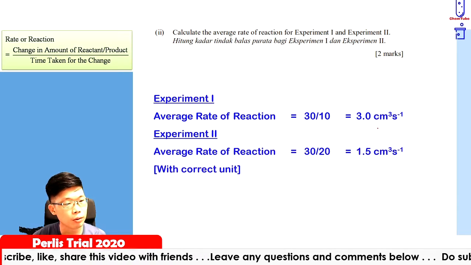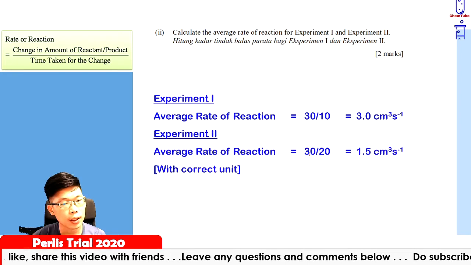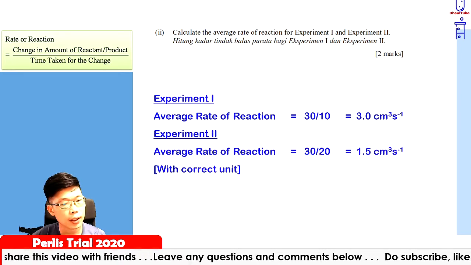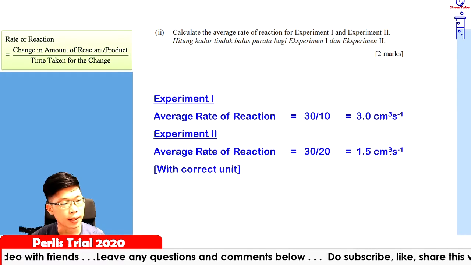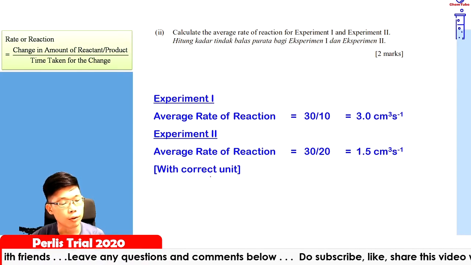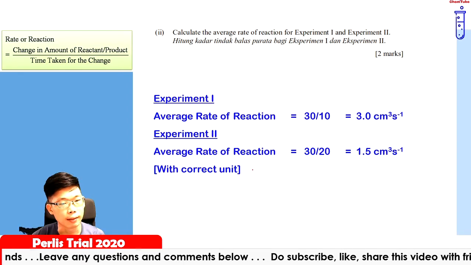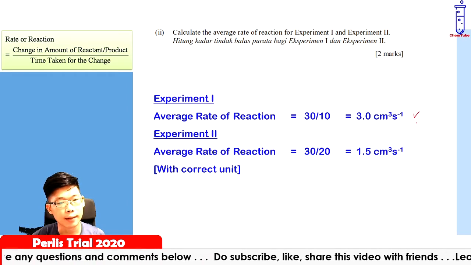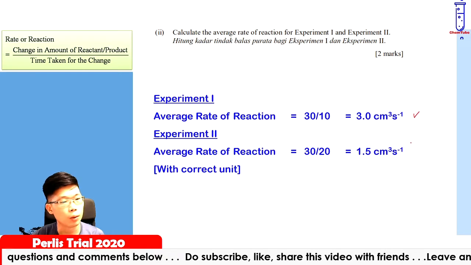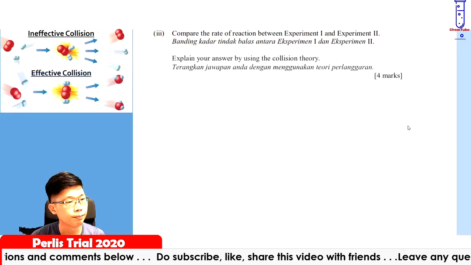For experiment 2, 30 over 20 seconds, so 1.5 cubic centimeter per second. So you have to write the unit correctly. So meaning that set 1 has a higher rate of reaction, set 2 has a lower rate of reaction.